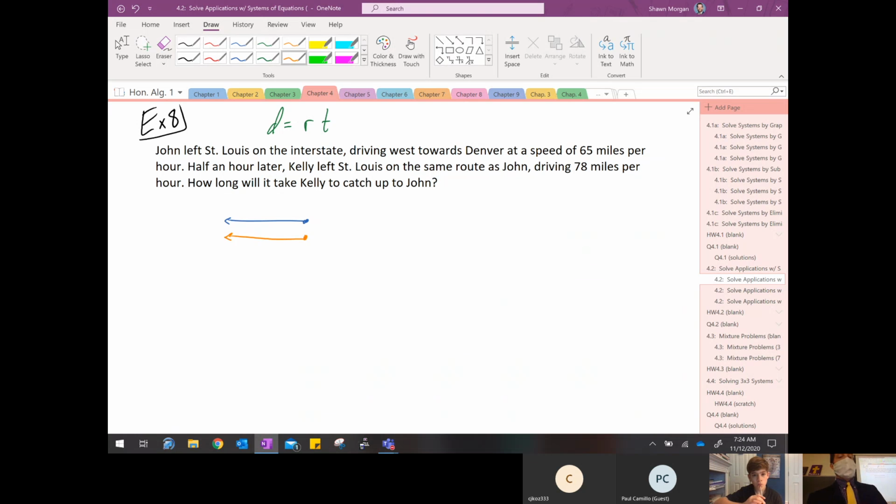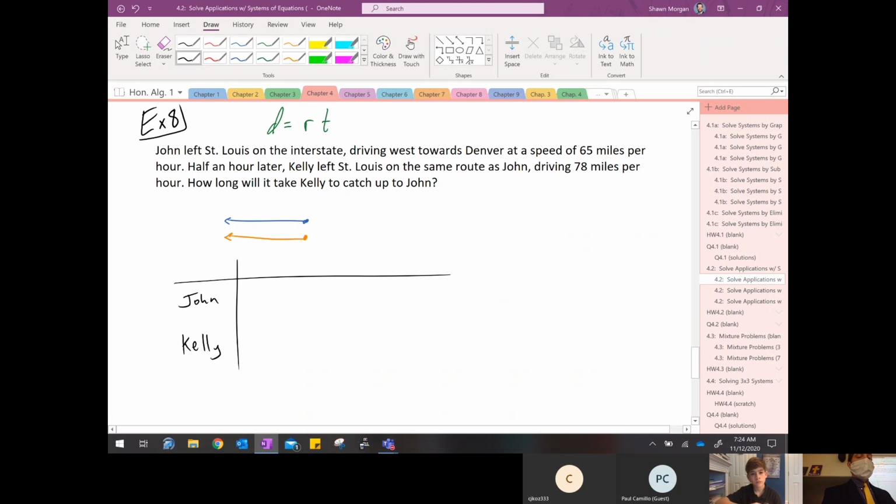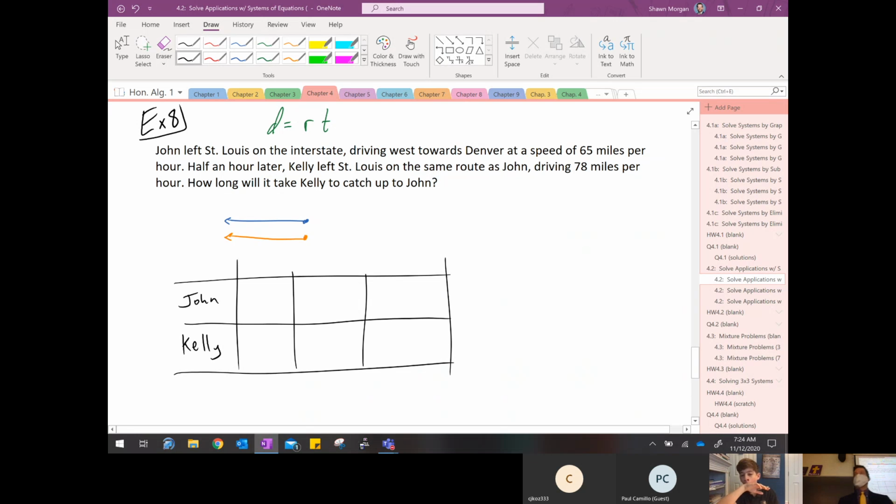Okay. Now, I'm going to use a chart. I like a chart on this one. So we're going to give John a row. I'm going to give Kelly a row. And somebody might be thinking, well, Coach Morgan, how do you know when to use a chart and when not to use a chart? On most dirt problems, I recommend you guys, at least initially, set up a chart.